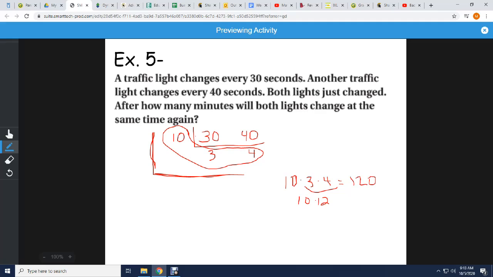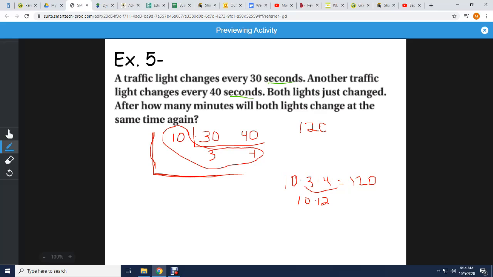So, after how many minutes? Well, both lights change at the same time again. The answer is going to be 120 minutes. Hopefully you were catching me on this. Right? It's not going to be 120 minutes. 120 is right, but it's not going to be 120 minutes. Why is that? Because they gave us the numbers in seconds.